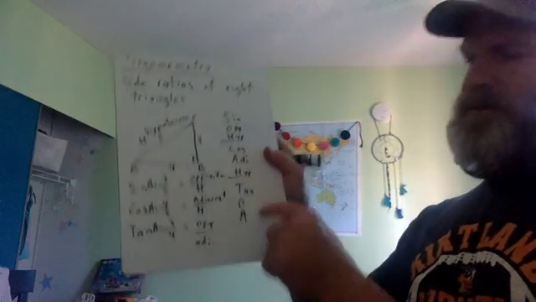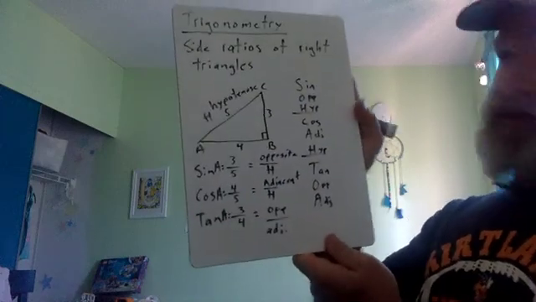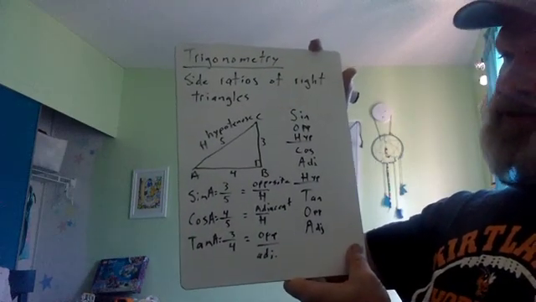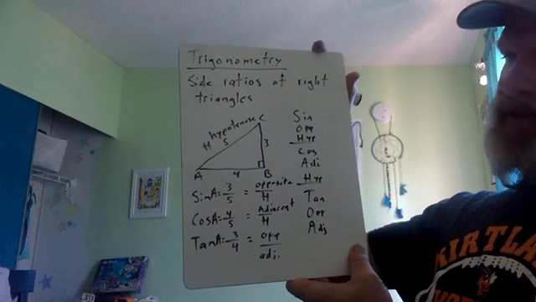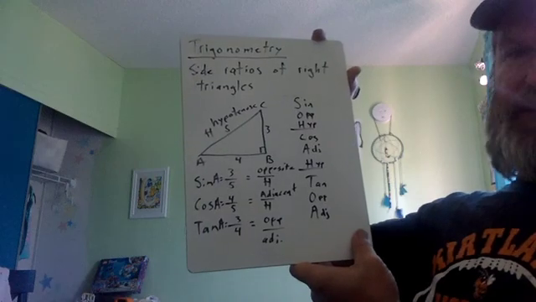And tangent is O over A, which is opposite over adjacent. Sohcahtoa, the magic acronym of trigonometry, will help you remember what the ratios of sine, cosine, and tangent are. Opposite over hypotenuse, adjacent over hypotenuse, and opposite over adjacent.